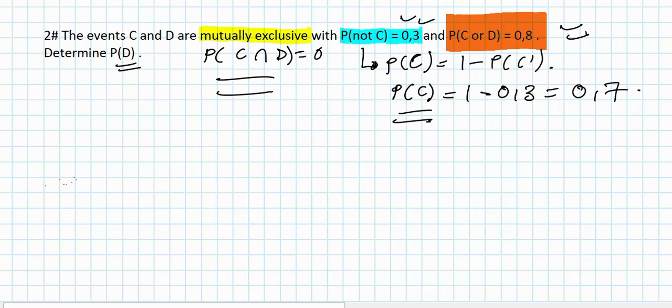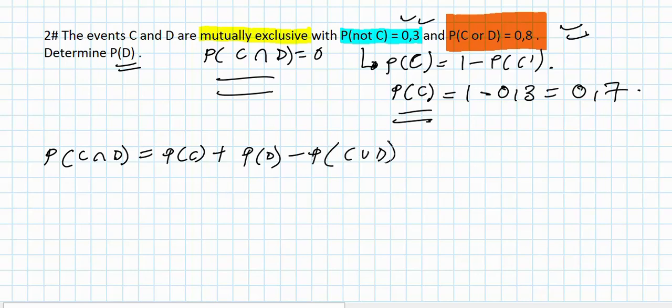Most definitely. I just have to say now that the probability of C, this is C, let's do it properly. The probability of C intersecting with D is equal to the probability of C plus the probability of D minus the probability of C or D, that way, right? Now, how much is the intersection again?